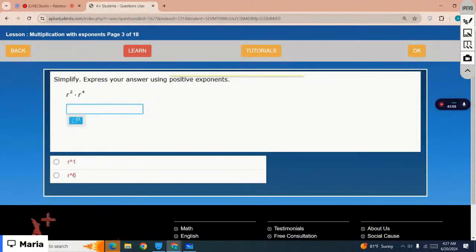Simplify R square times R exponent 4, which is the correct option? Yes, that is R exponent 6. Option number 3 is the correct option.